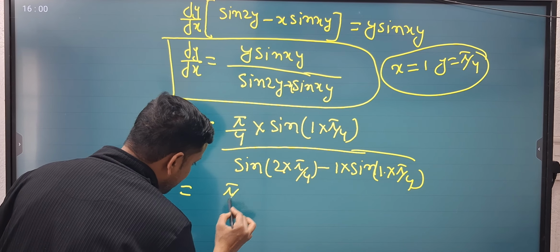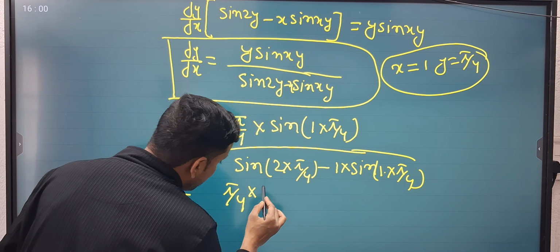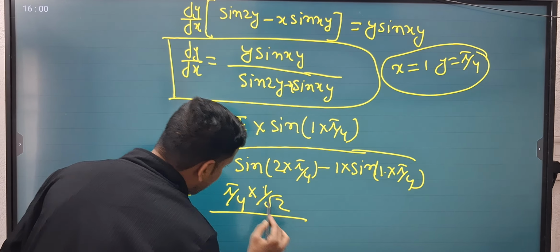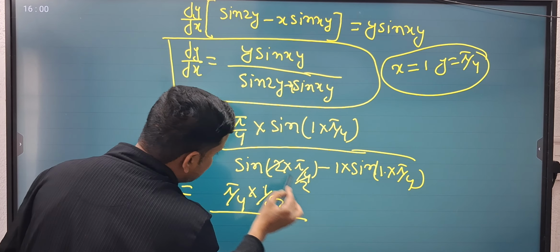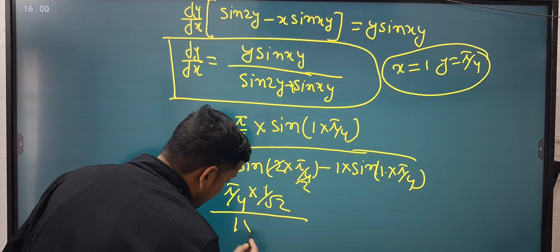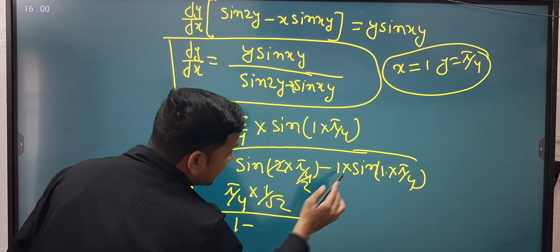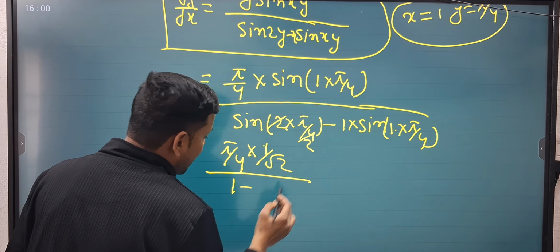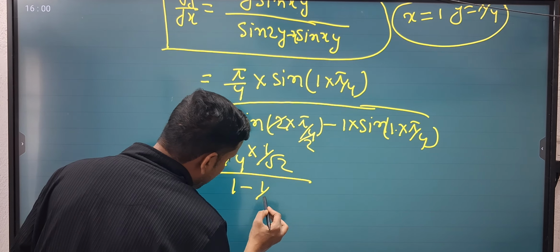You can write it as pi by 4 into sin pi by 4, which means 1 by root 2, divided by, 2 twos are 4, this is sin 90, and sin 90 equals 1, and 1 minus this is sin 1 into pi by 4. Sin pi by 4 is 1 by root 2.